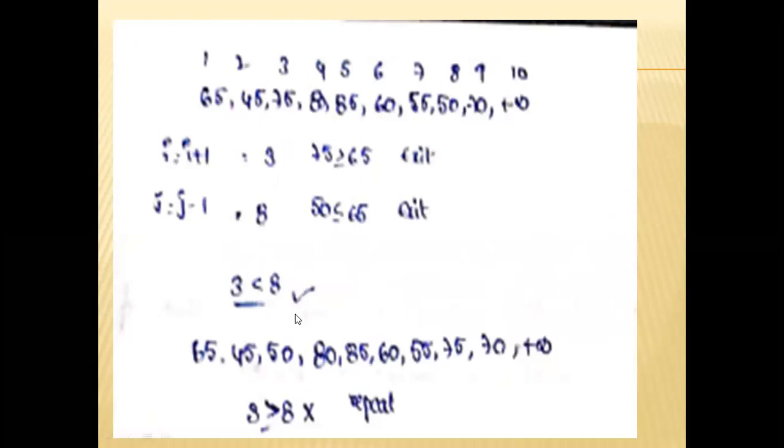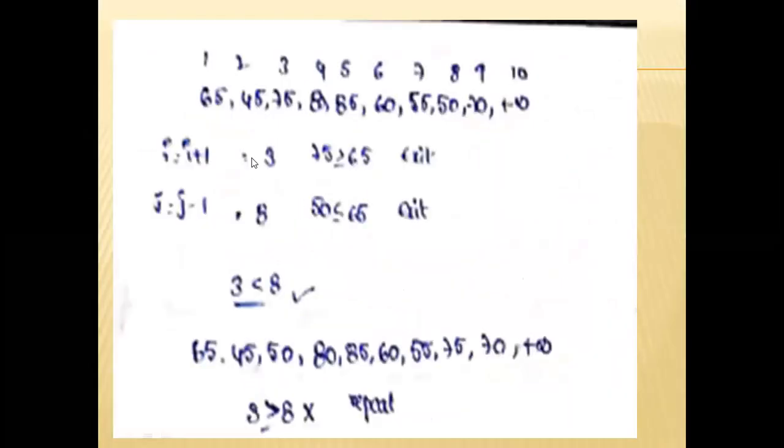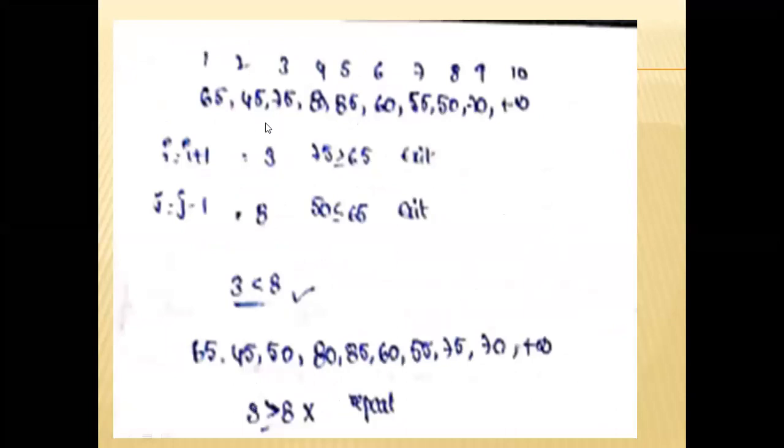That is the rearrangement of elements, following the partition algorithm shown in the previous slide. So interchange the third element and the eighth element, that is, 75 interchanges with 50.